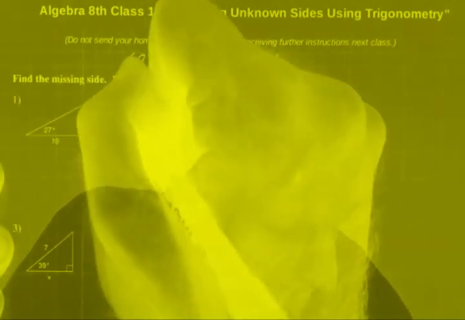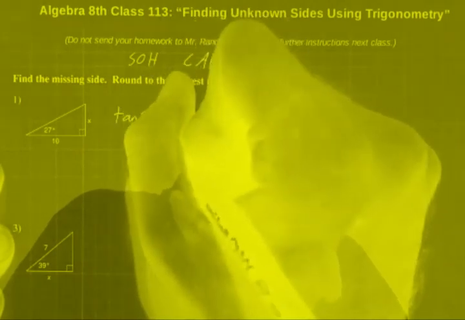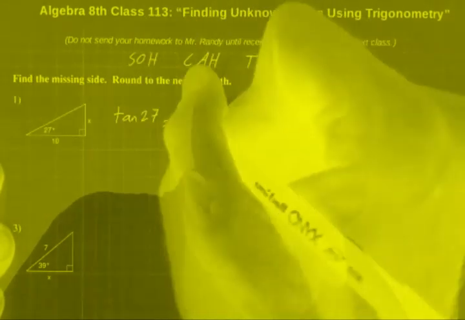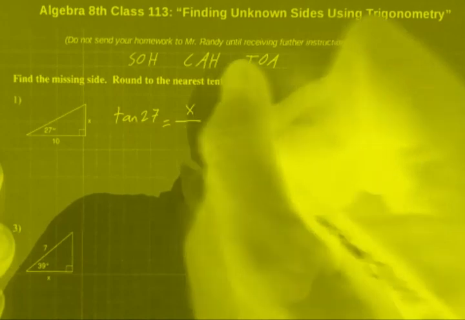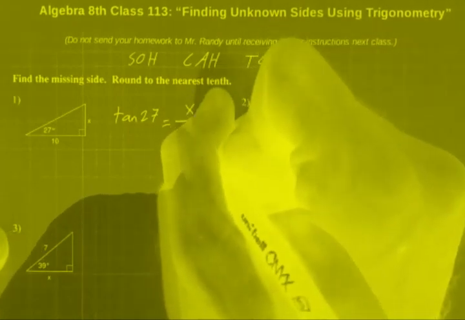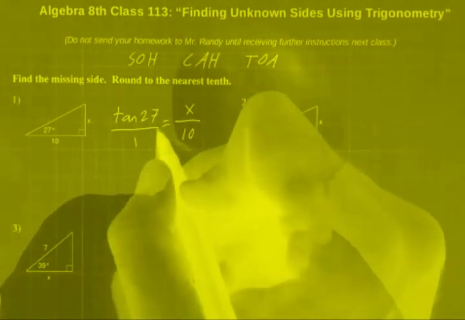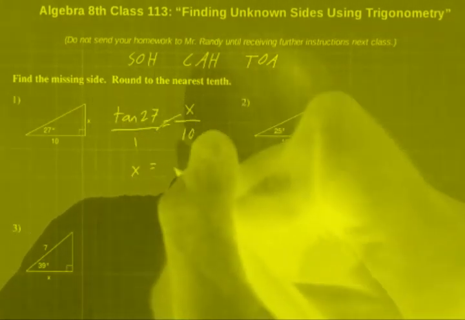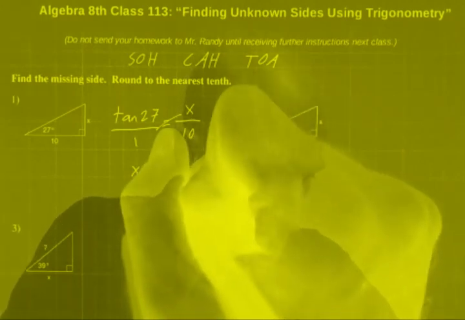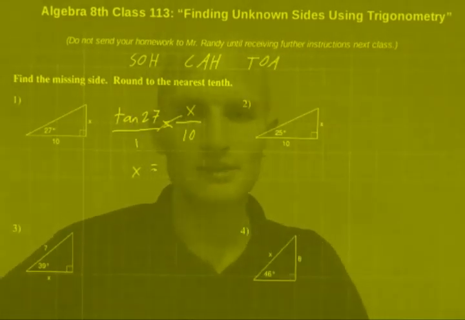So we're going to say tangent of 27 equals opposite over adjacent. And we're going to put this over 1, cross and multiply. You get x times 1 is x equals tangent of 27 times 10.